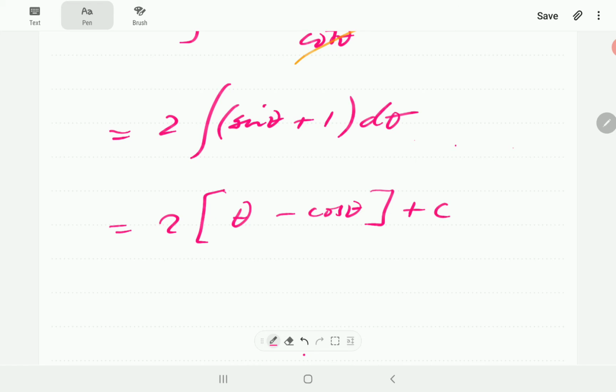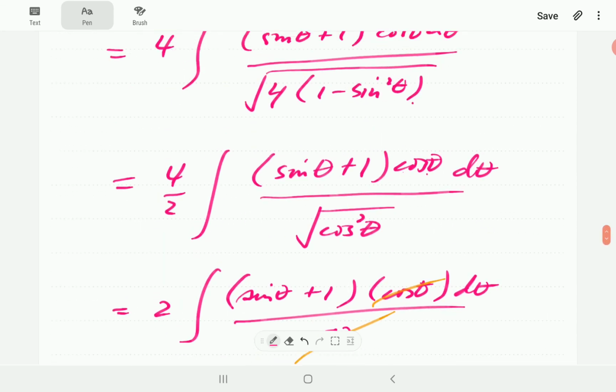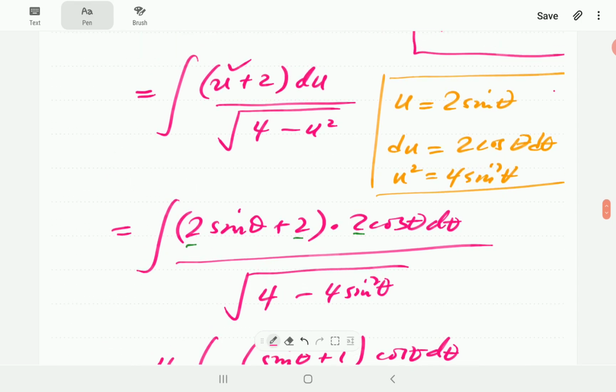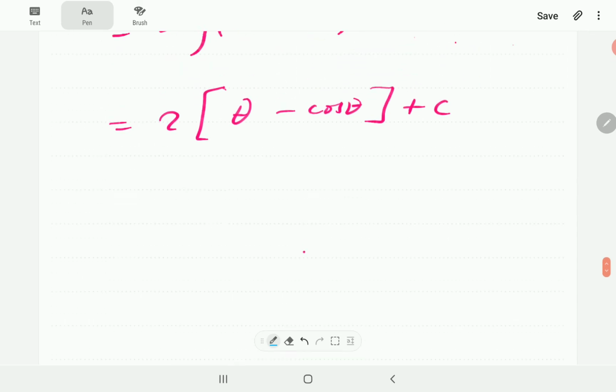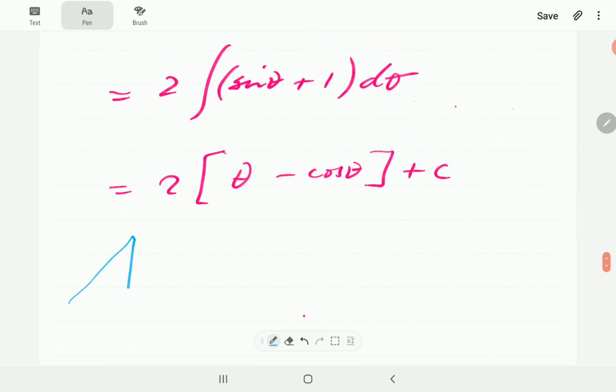Okay, so that is the integral, but it's in terms of theta. So we need to rewrite this in terms of u first, then in terms of x. In terms of u, from here, sine theta is u over 2. If sine theta is u over 2, it means in our right angle triangle, you've got u here, you've got 2 here. So this is going to be the square root of 4 minus u squared.